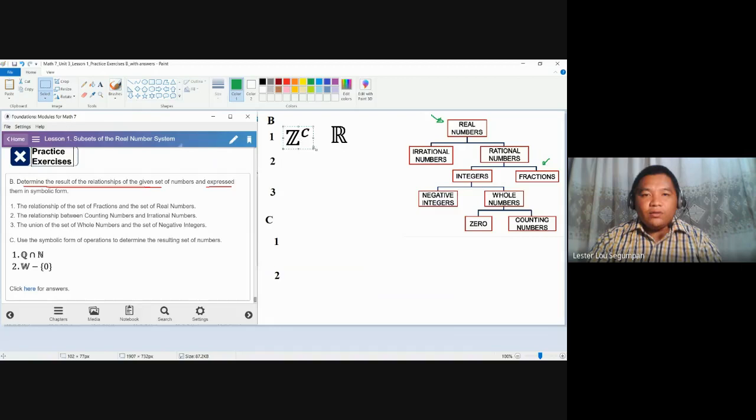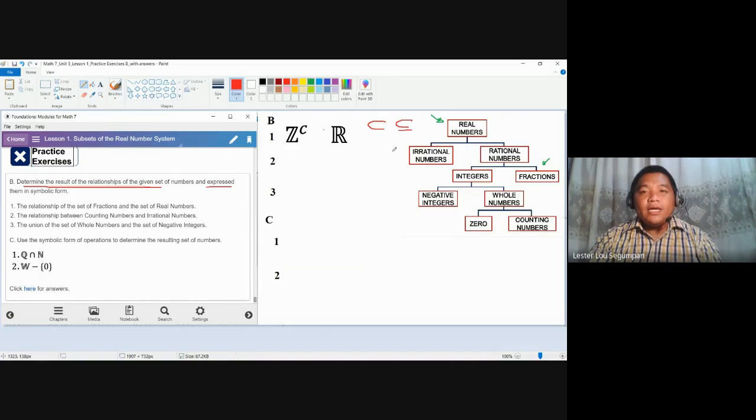Again, we all know that the set of fractions is a subset of the set of real numbers. So to write it in symbolic form, we have this symbol for the set of fractions, the symbol for the real numbers, and to complete it, we place the symbol for subset. We have two symbols for subsets. In the previous units, we have this symbol for proper subset, and this is the symbol for improper subset, with the equal bar.